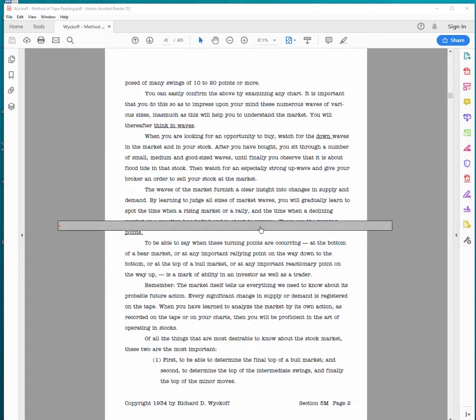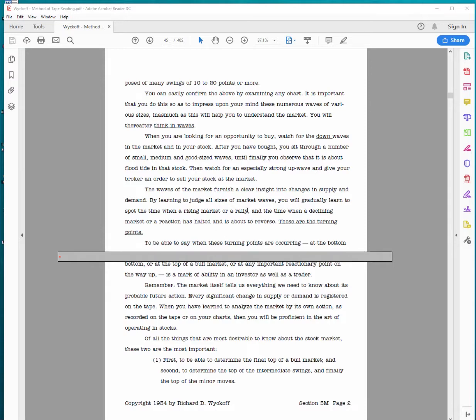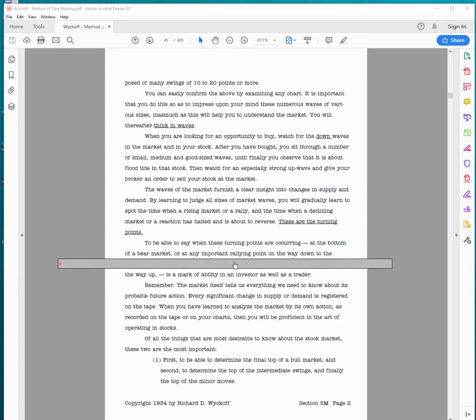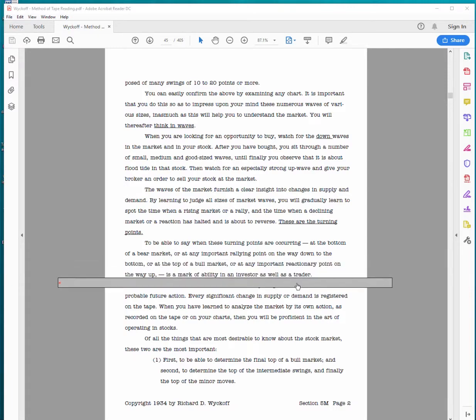Alright. And eventually you learn how to judge the turning point. That's what this is saying. By observing these waves and looking at their characteristics of price and volume and time and whatever else, you'll learn how to judge when there is a reversal. To be able to say when these points are occurring at the bottom of a bear market or at any important rallying point on the way down is a mark of ability of a trader.